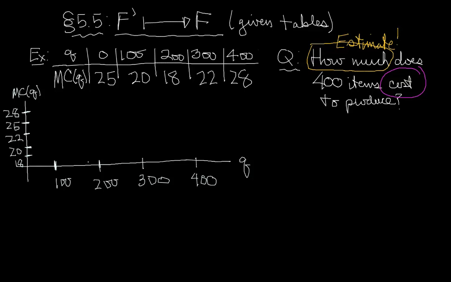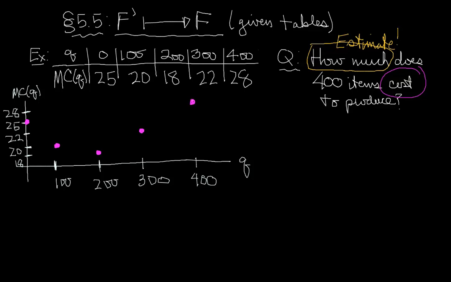Let me just draw some points here. At 0 the marginal cost is 25, and this is of course in dollars, and 100 is nothing fancy, it just represents 100 items. At 100 the marginal cost is going to be 20. At 200 it's going to be 18, but then it increases at 300 up to 22, and then up to 28.